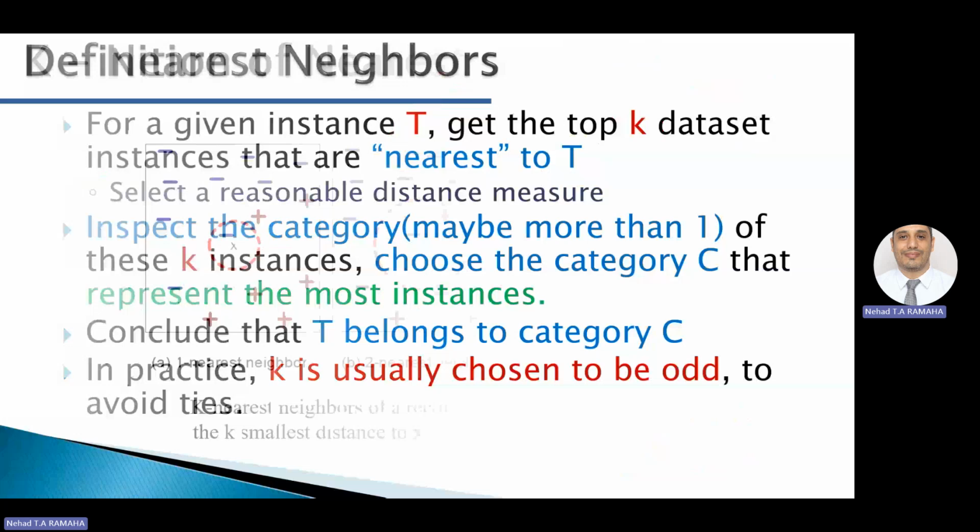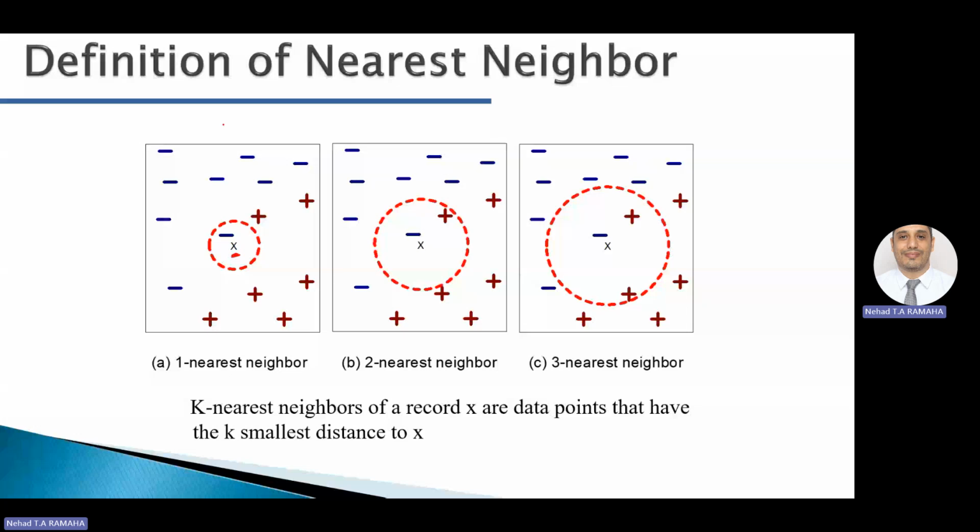So as you can see here, X will be classified as minus. Here we take one neighbor. Here we take 2 neighbors. So it could be plus, could be minus.